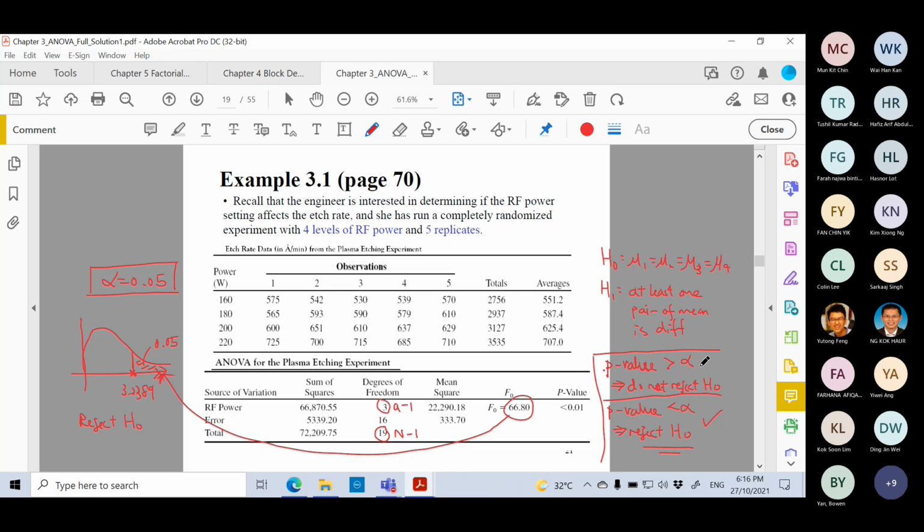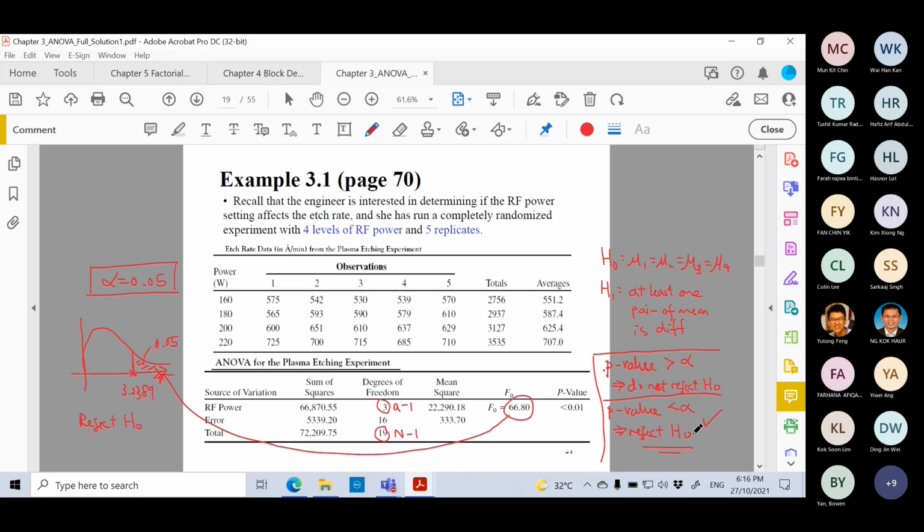If the p-value is greater than alpha, then you do not reject H0. If the p-value is less than alpha, then you reject the null hypothesis. In this case, your p-value is less than 0.01, so definitely less than 0.05. Therefore, we have to reject the null hypothesis.